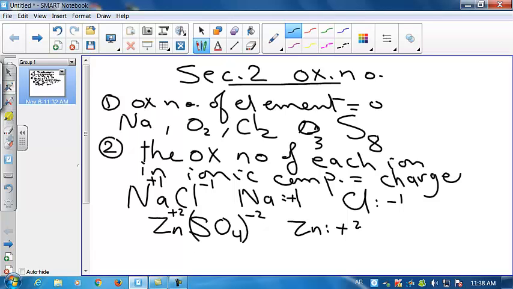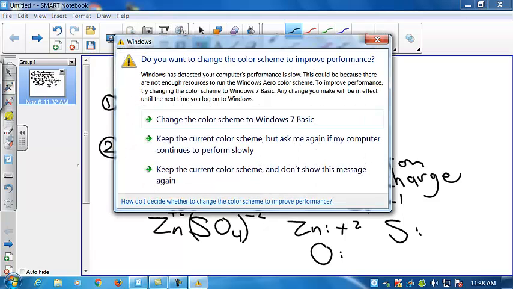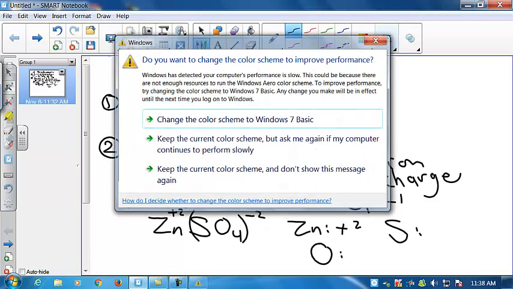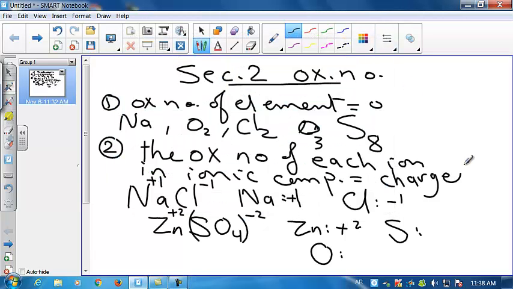Right. I want the sulfur alone and I want the oxygen alone. Pay attention. The normal oxidation number of oxygen is negative 2. Oxygen is group 16, and the charge in group 16 is negative 2. Negative 2 times 4 is negative 8.